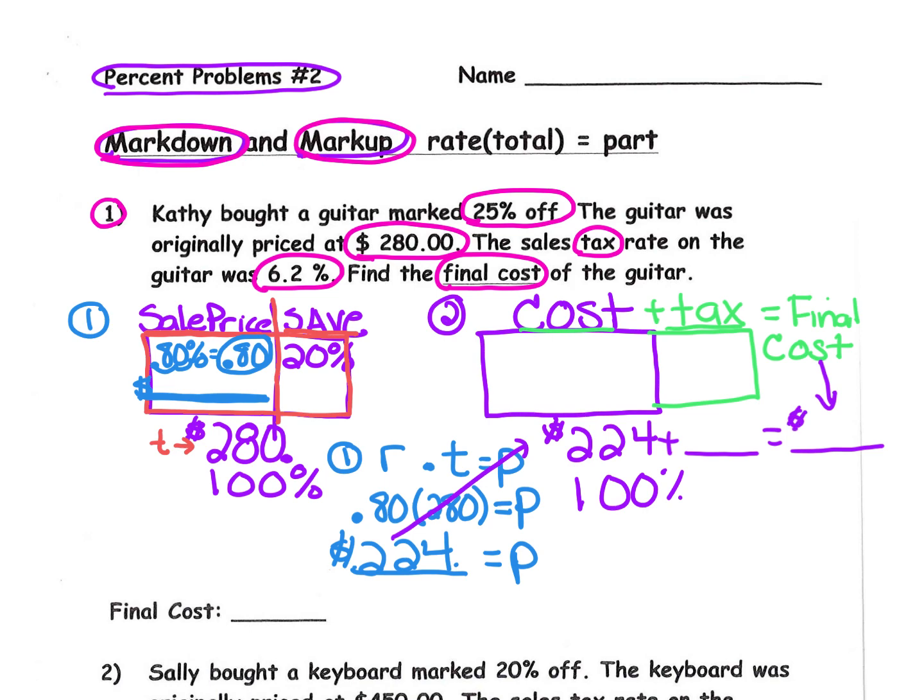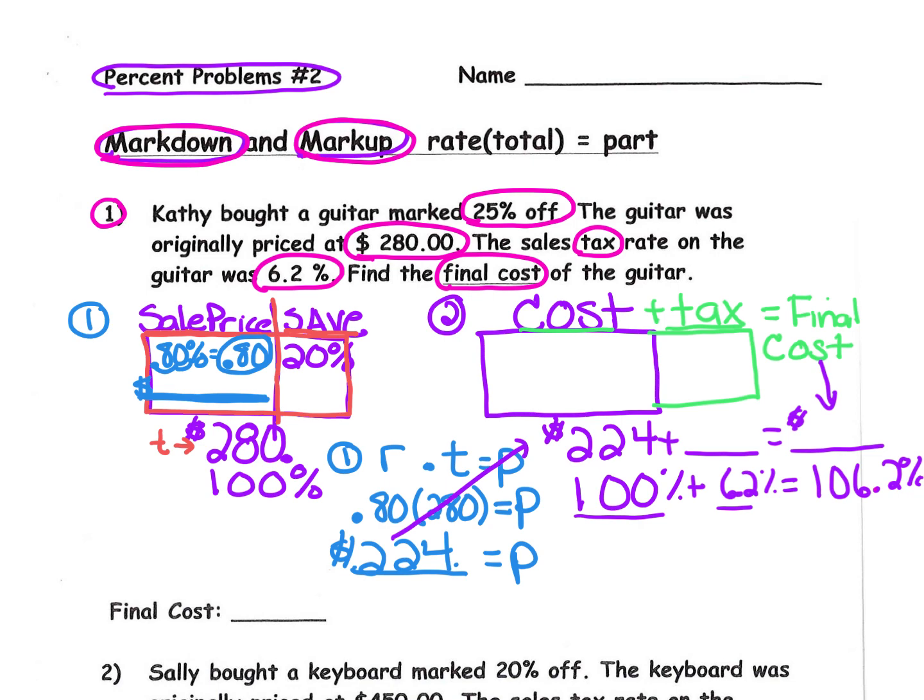That's what we want. Well, we know we're going to add at a rate of 6.2%. So grab your calculator, add 100% and 6.2% together. Our final cost rate is 106.2%.